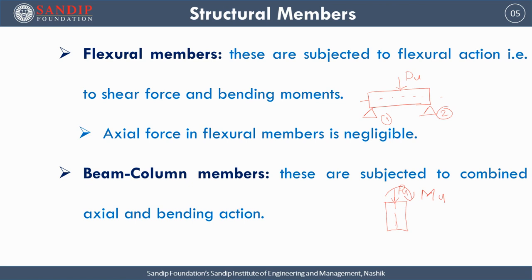It carries or transfers the load through both actions. This one, Pu, is the axial force and Mu is the bending moment, which means it is a combination of axial member and flexural member. So this is the next category of structural member.